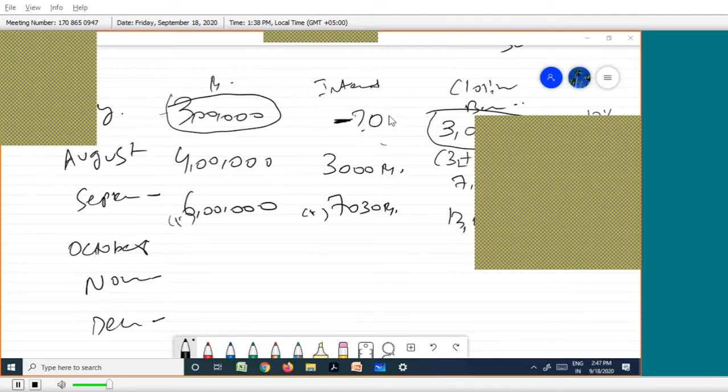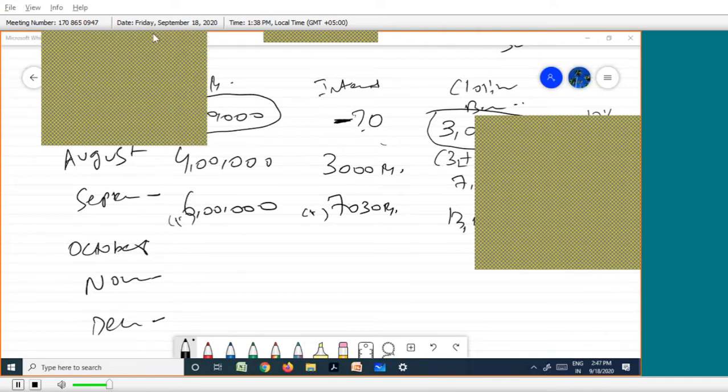Interest is not charged in July month itself. Why? Because normally interest will be charged in the next month. For example, for July they will charge on August 1st. The same logic is applied here. 3 lakh rupees is used in the first month, so my closing balance will be 3 lakh rupees.